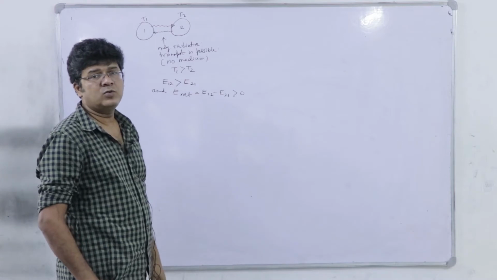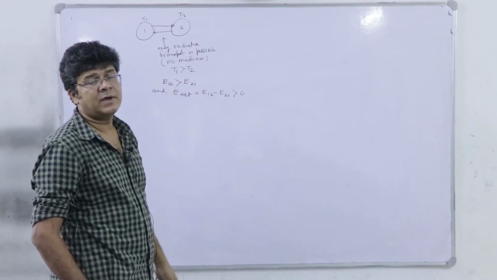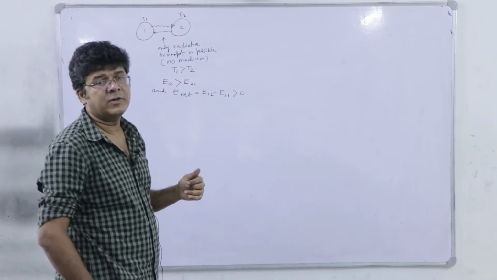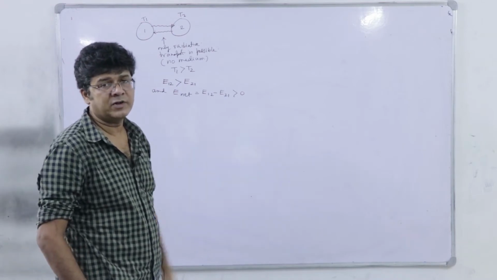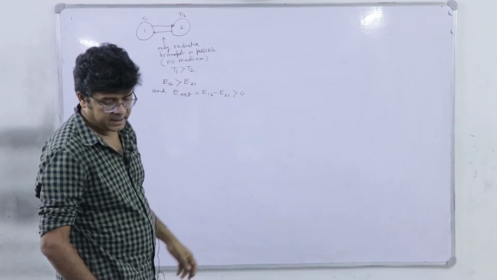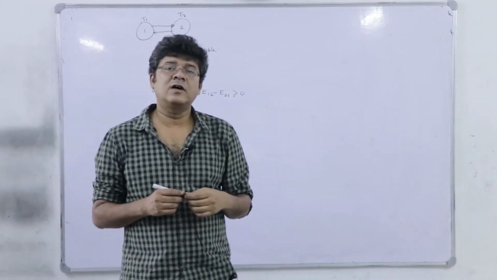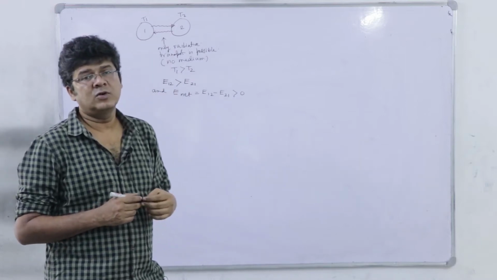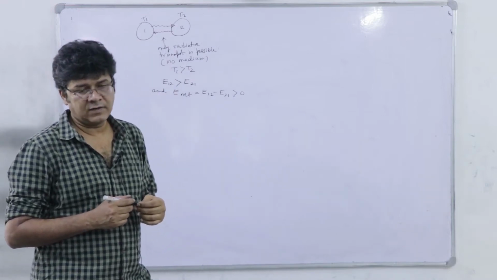However, E12 is greater than E21 and that is why there is a net heat transfer from the high temperature object to the low temperature object, right. That is the striking difference of radiative transport in comparison to conductive or convective transport.